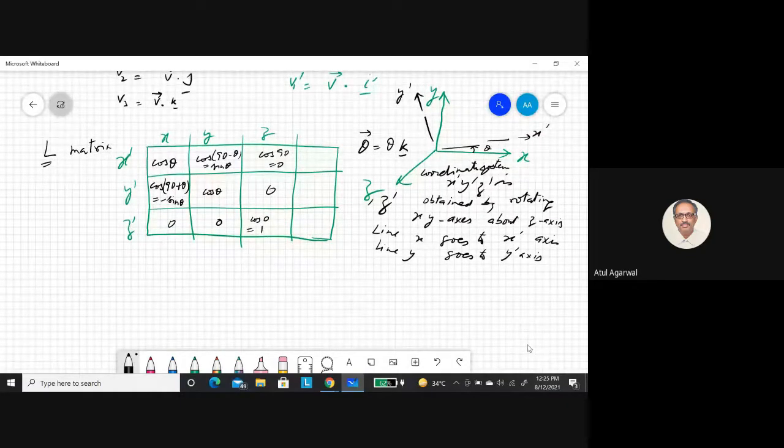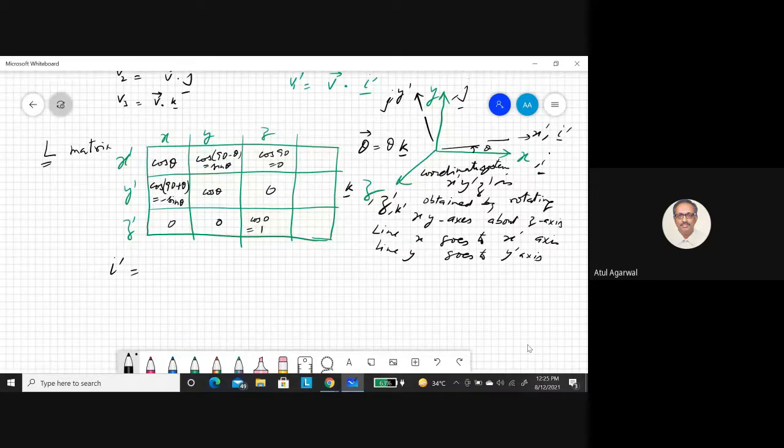And also I can define unit vectors i, j, k, and unit vectors i prime, j prime, k prime. Can I write what is unit vector i prime? How do I get vector i prime?